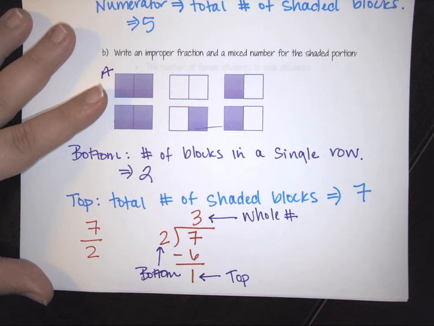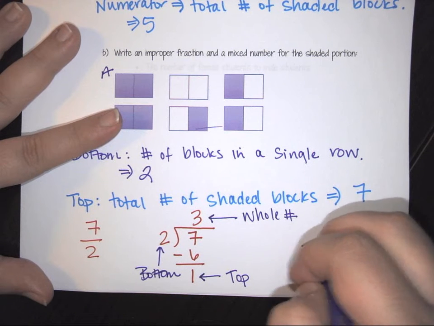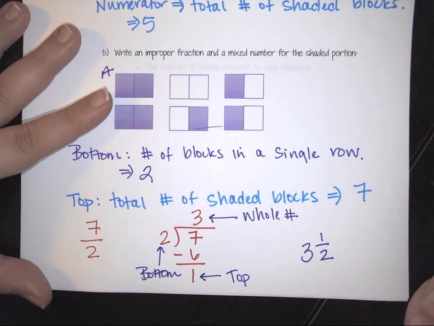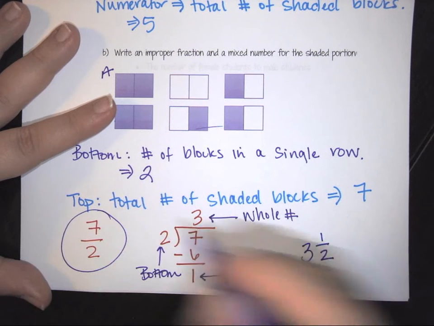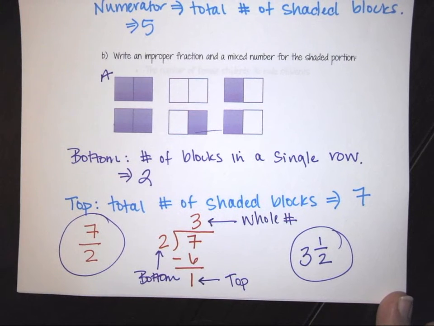So in this case, when we are talking about the mixed number, we are talking about 3 and 1/2. So here we would have 2 solutions, the improper, which is 7/2, and the mixed, which is 3 and 1/2.